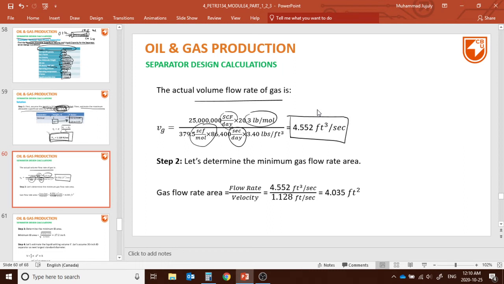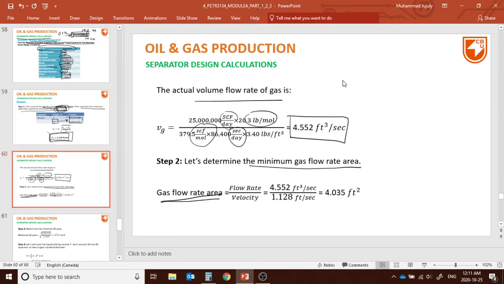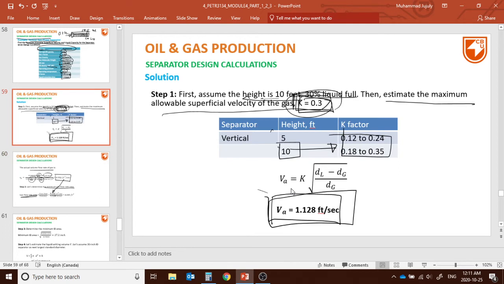Now step 2, let's determine the minimum gas flow area. How will we determine that? The gas flow area, here, this area. Area is equal to flow rate divided by velocity. We know the flow rate and we know the velocity from here.